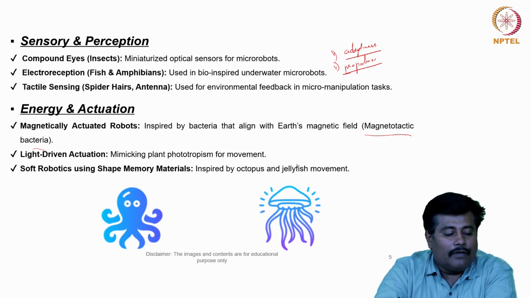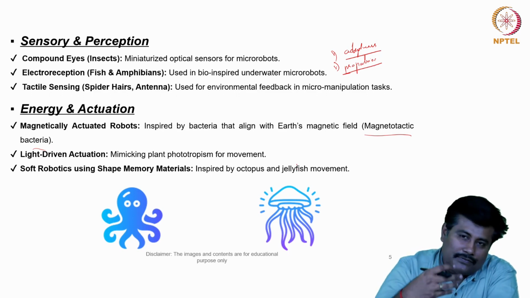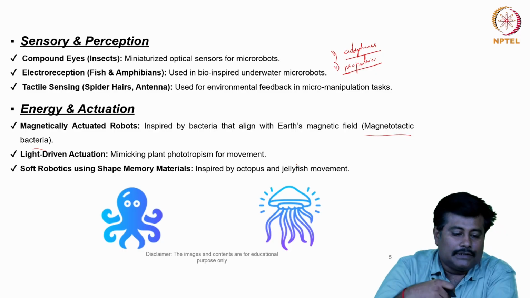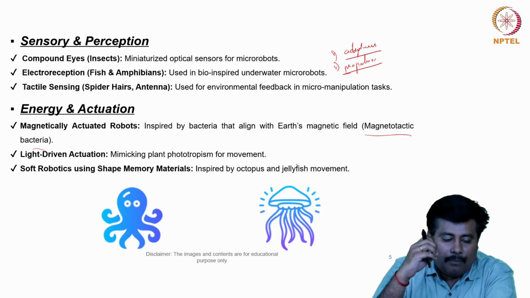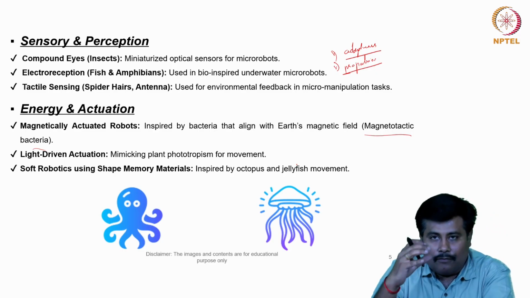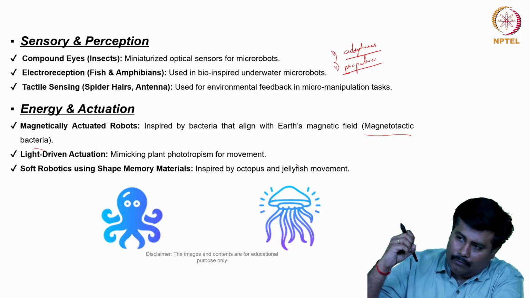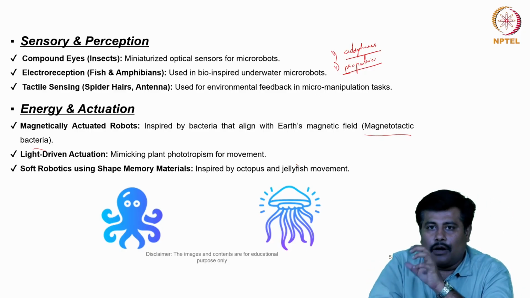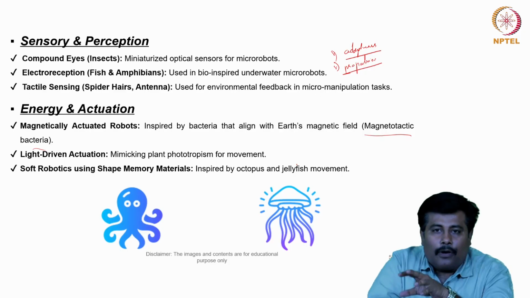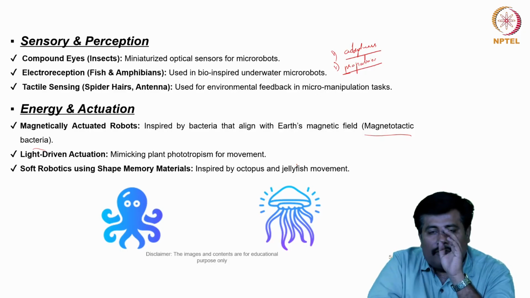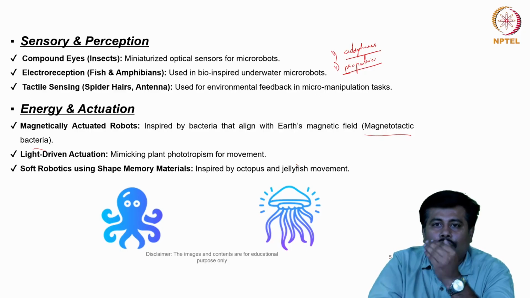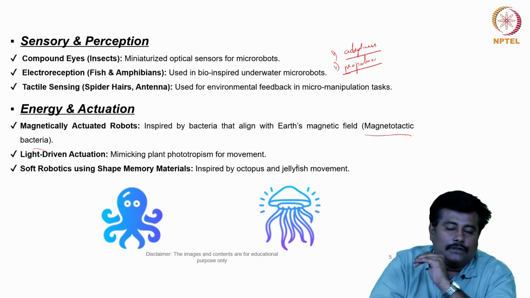Next, we have light-driven actuation, which mimics plant phototropism. Ideally, we have the capability to control the frequency of the light, so appropriate on and off switching of the light helps us give appropriate locomotion to the system.